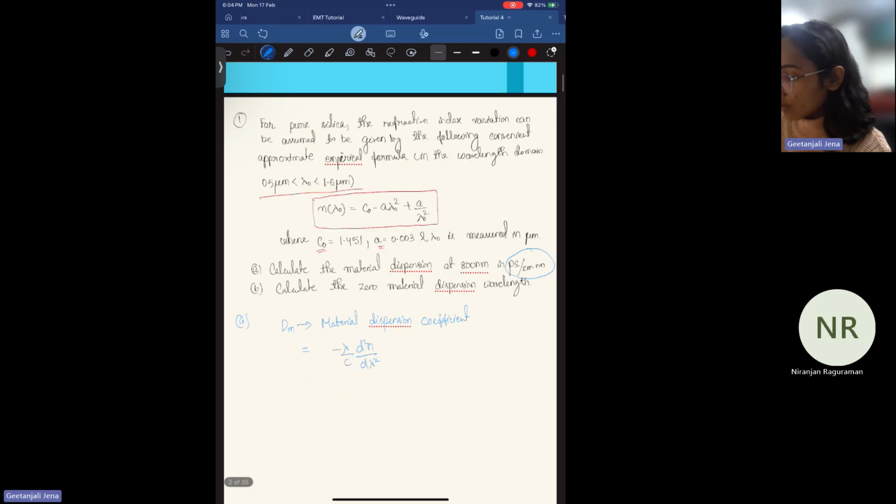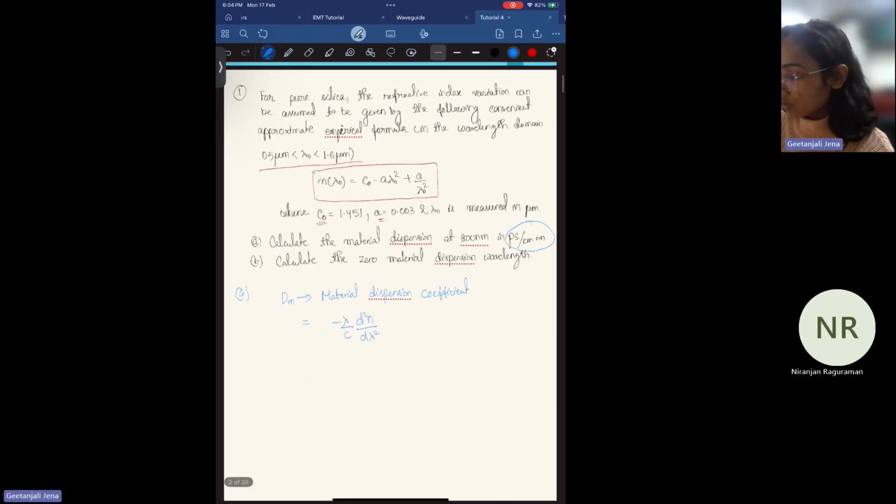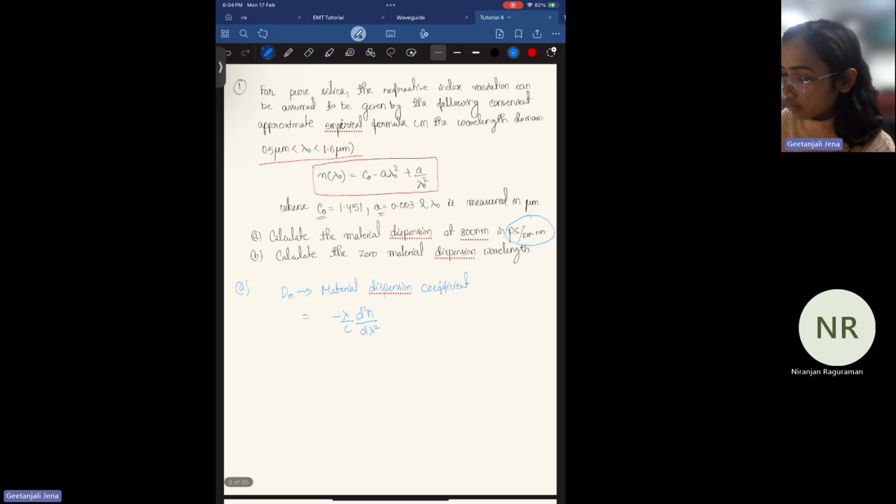Lambda is already given as 800 nanometer, so we need to find d square n by d lambda square. n of lambda is C0 minus A lambda_0 square plus A over lambda square.